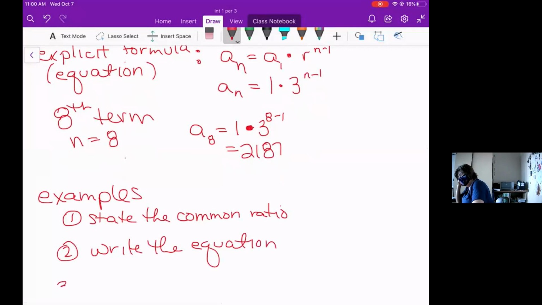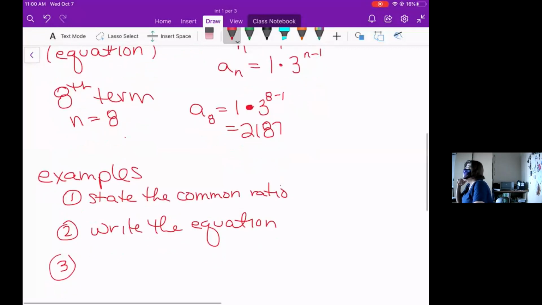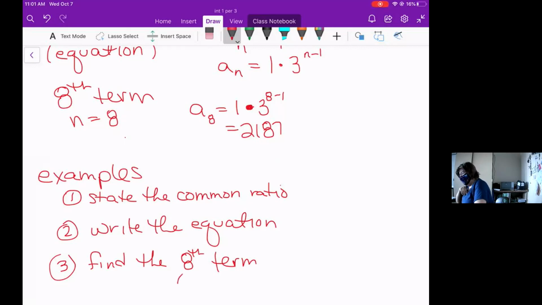And then 3, use the 8th term. Eight. So the equation is going to have the n. So this is basically the 8th term, when n equals 8. Okay. Give you a chance to copy that down. And then we'll go practice.